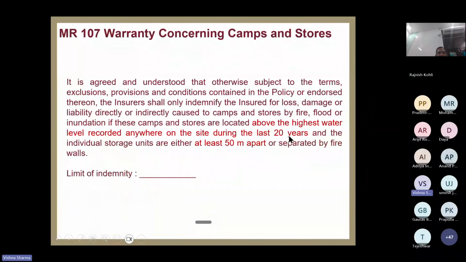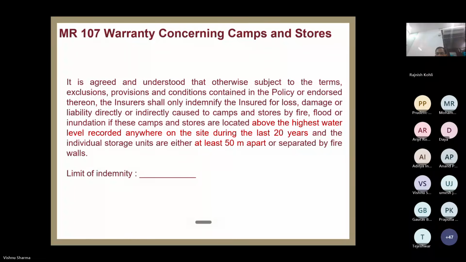The insurance company will pay only if the insured contractor has stored the project material higher than the maximum level achieved as per the IMD data for a 20 years return period of floods.